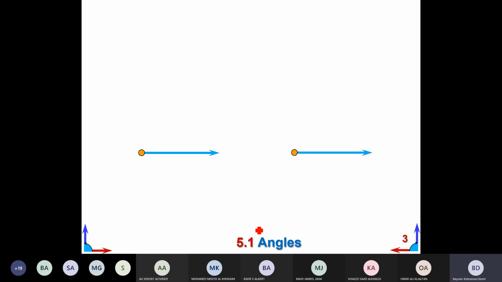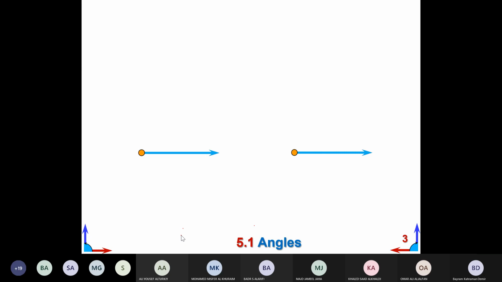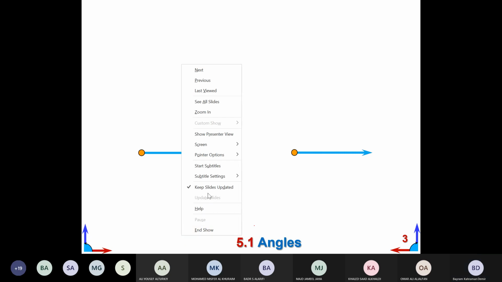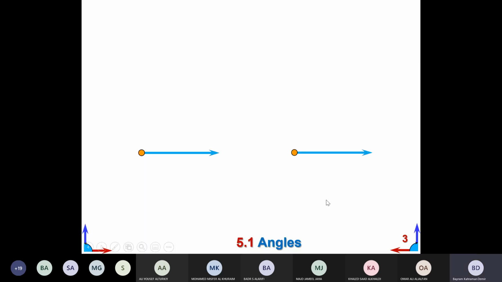And now let's talk about the positive angles and negative angles, Shabab. For the positive angles, okay, let's start again.